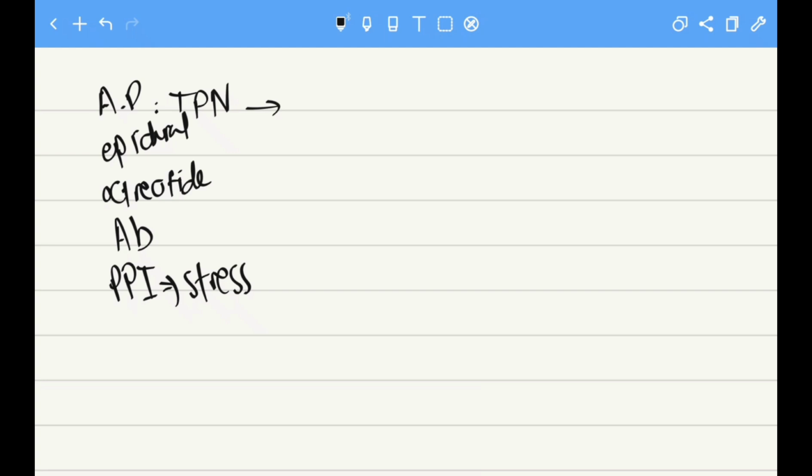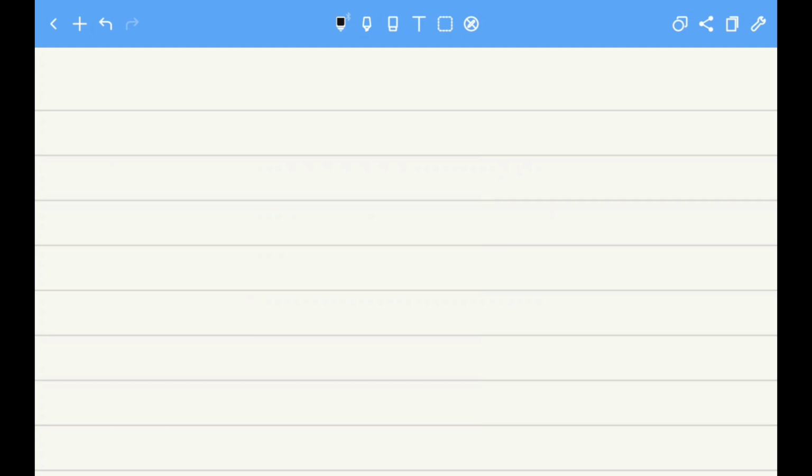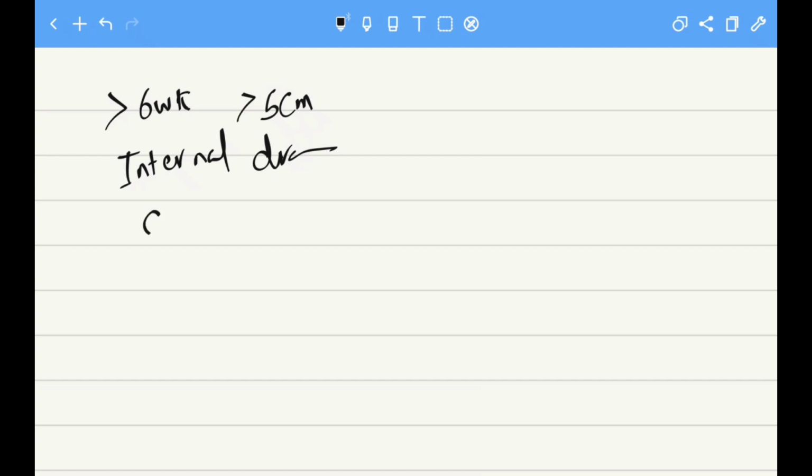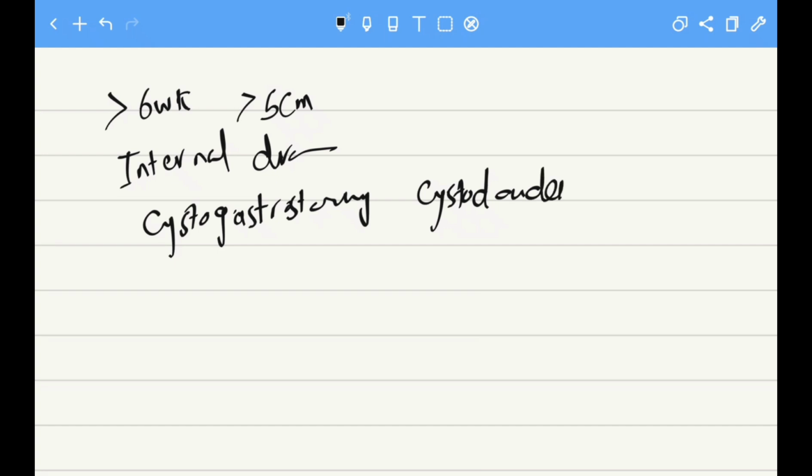While for the pseudocyst, there is a different management. If it is more than 6 weeks or more than 5 centimeters, I will use internal drainage by cystogastrostomy or cystoduodenostomy.